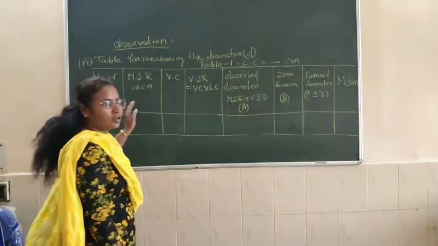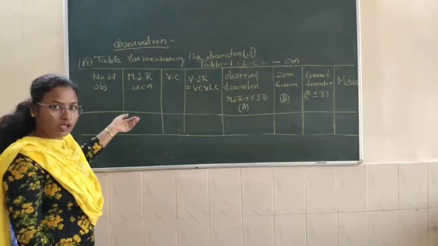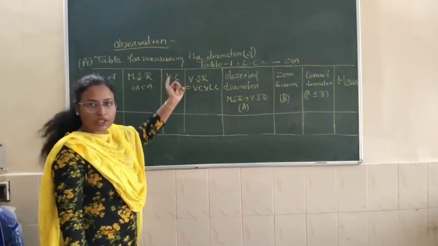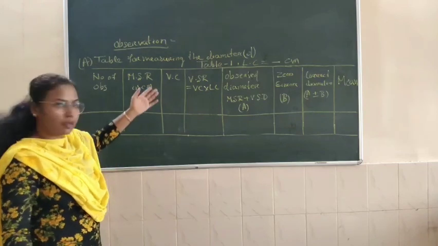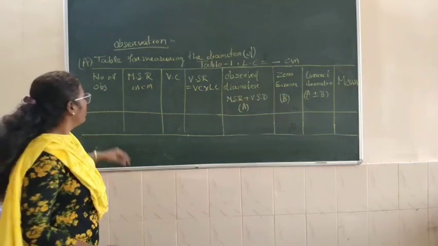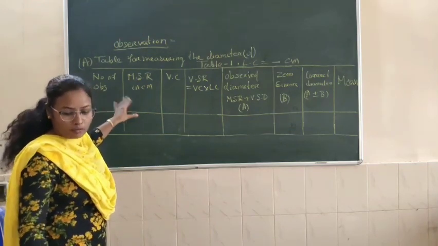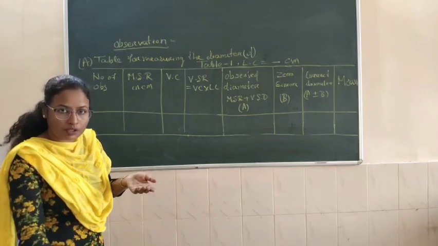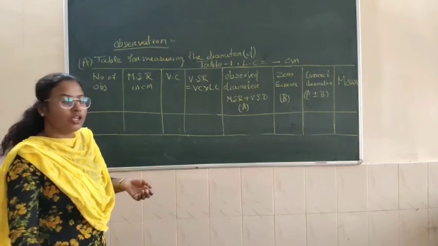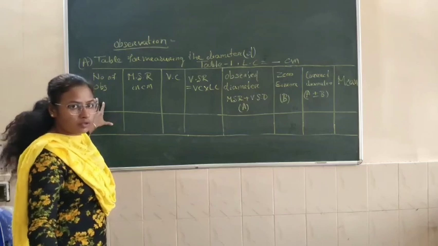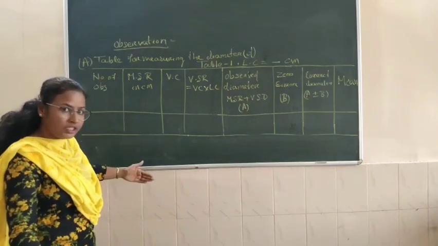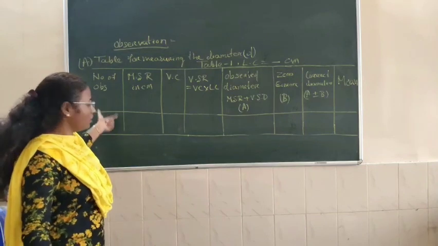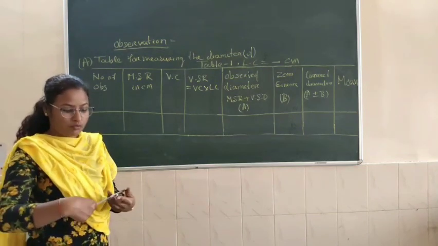So, from the working formula you need to calculate the diameter and height. From the observation you can find the diameter and height. After doing the observation or during the observation, you need to see some points. So, you will make a table, and in that table you can take the observations one by one.